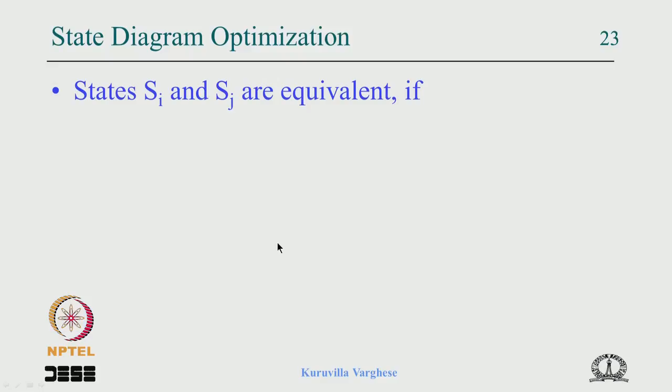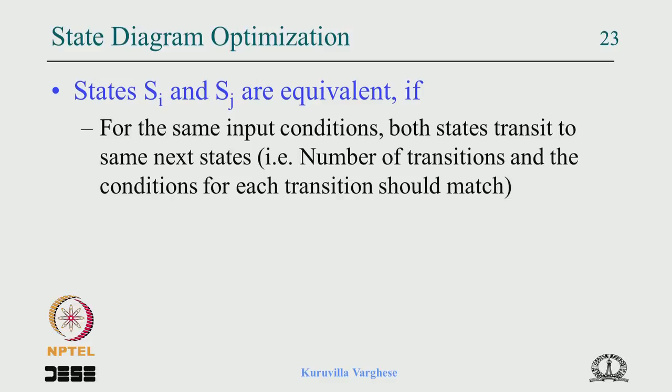So we say states Si and Sj are equivalent if for the same input condition both states transit to the same next state. Now when I say same next state, Si and Sj can transit to Sk under the same input condition. That means, like we discussed earlier, there may be an input signal called start, and Si and Sj will remain in their states when start is low.